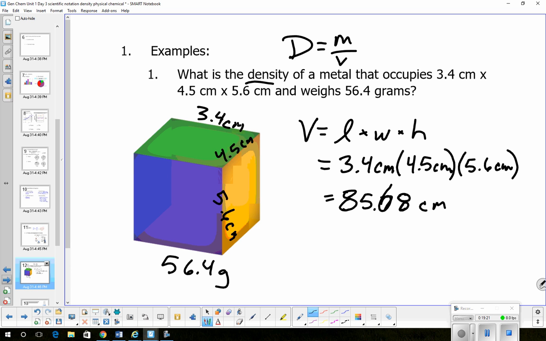How many do I have here? 2. How many do I have here? How many do I have here? How many can I have here? 2. So I'm going to report 86, right? And it's centimeters times centimeters times centimeters, which means it's centimeters cubed. That's my volume, right?